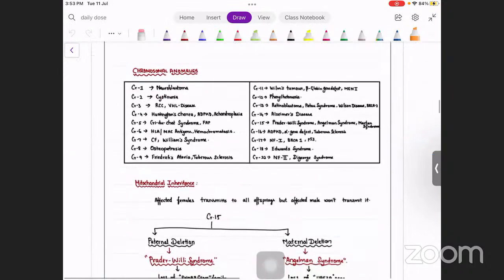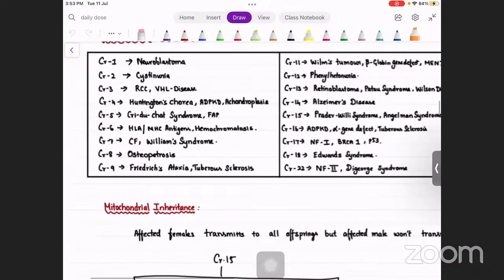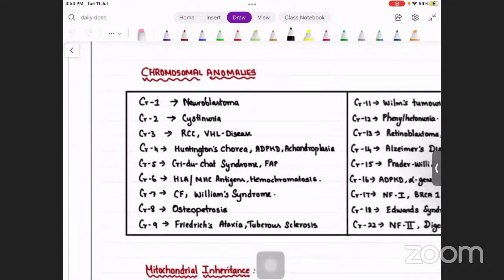Then the next important table here is chromosomal locations of disease genes, numbered 1 to 24. Among that, the very, very important one is Cri-du-chat, which is chromosome 5.